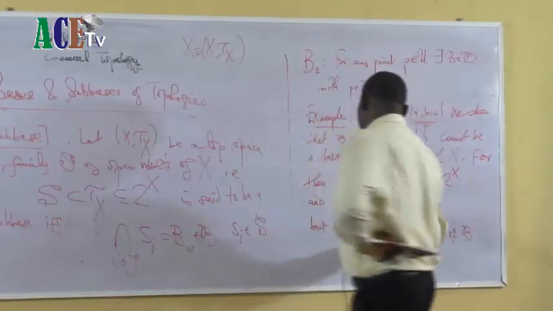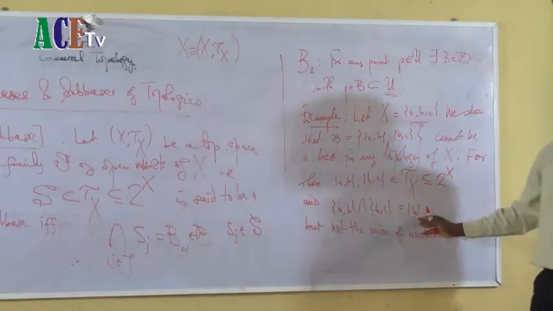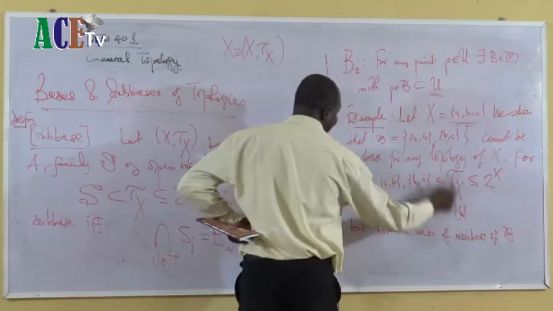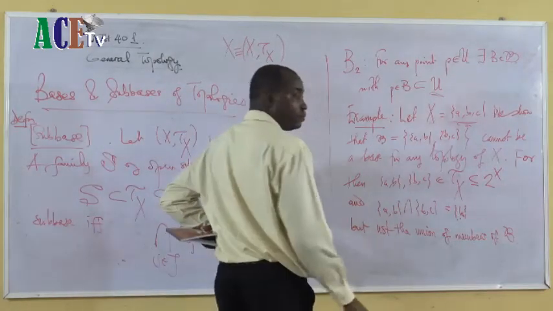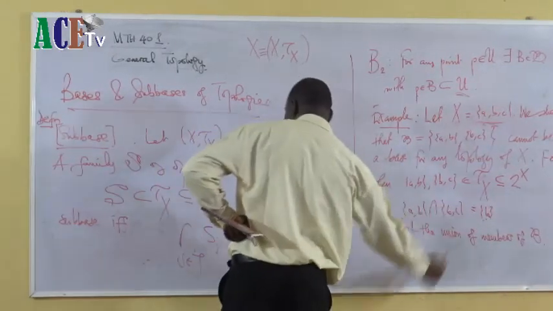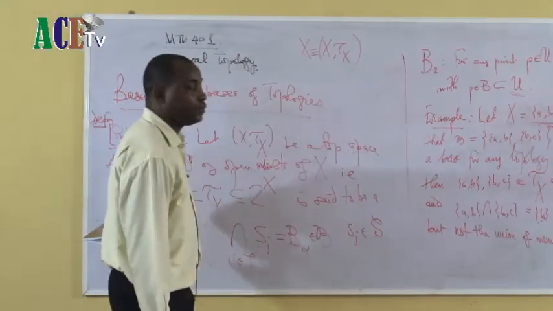Look at this. This is B. B here is not found as a singleton set in this collection. And so we cannot claim that this and this are sub-bases.